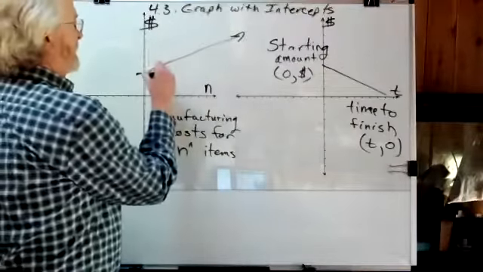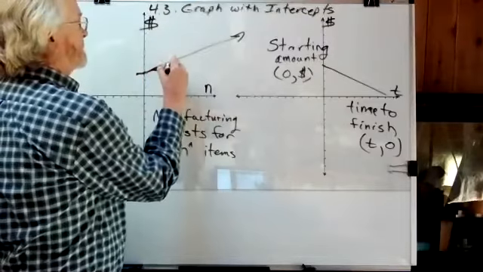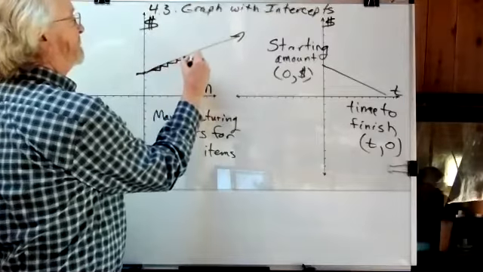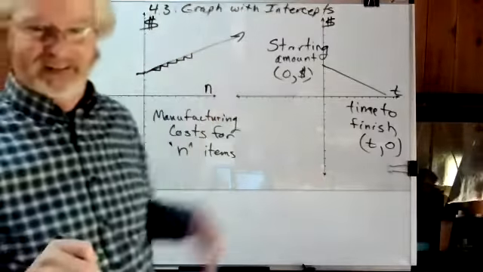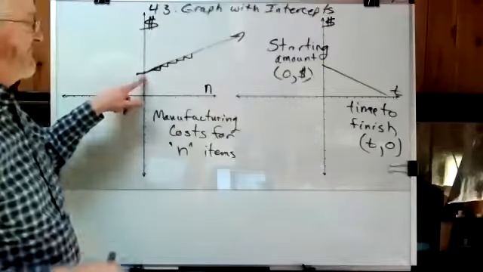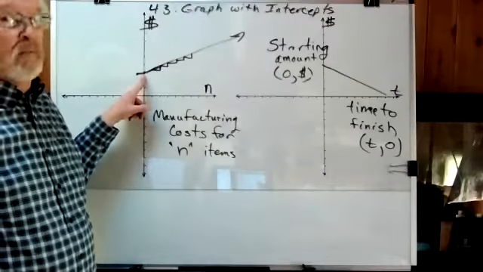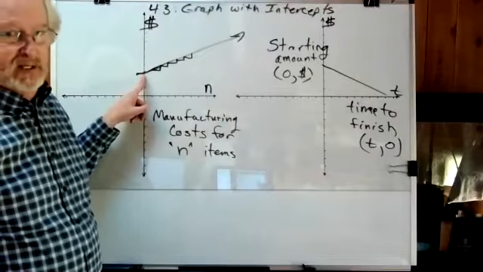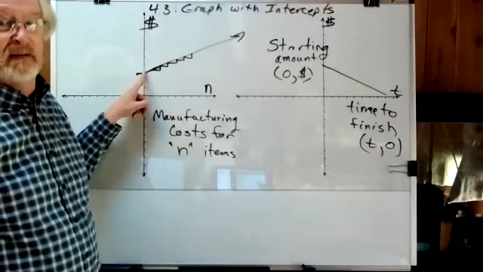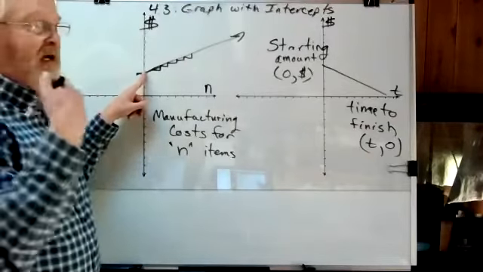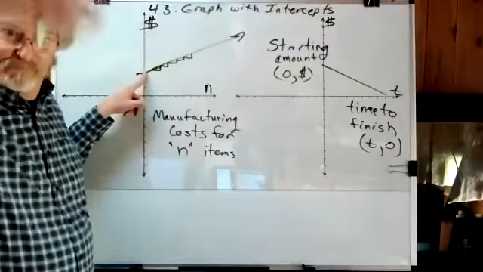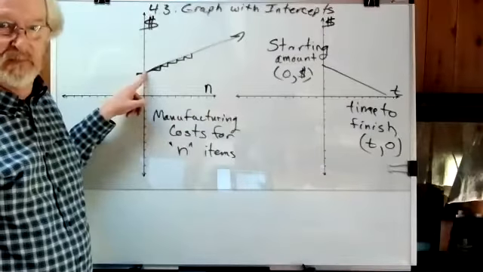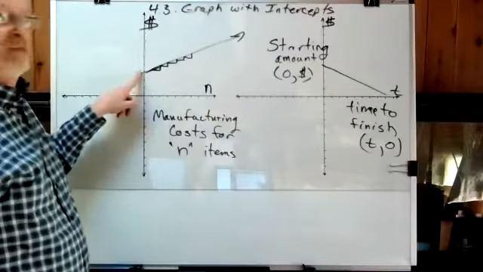How steep this line is tells me how much it costs to make each item. Even if I don't make any, my business has overhead or starting expenses. I haven't made anything yet, but I still need to pay for overhead, to run a business or pay for my license.